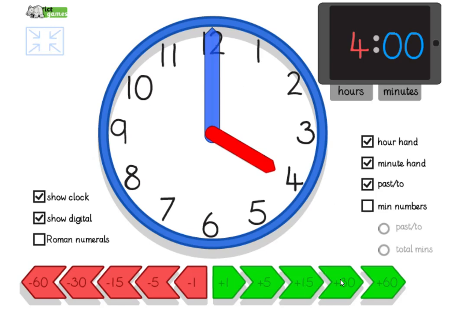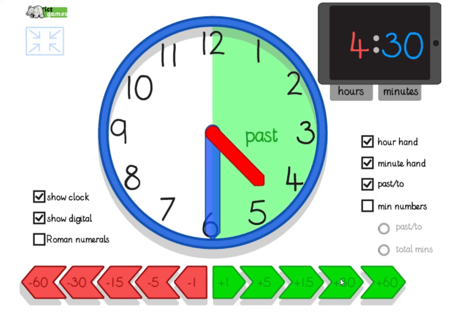Now, last time we did half the way around. What's that? That's half past. Yeah, that's right. And we said that you could almost not have the minute hand because look, it's halfway between the 4, well, it's a bit past it, but halfway between the 4 and the 5. That's like a sundial.